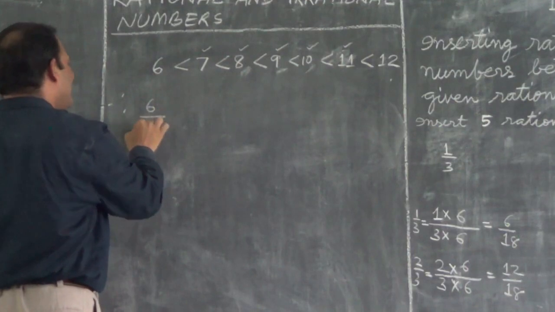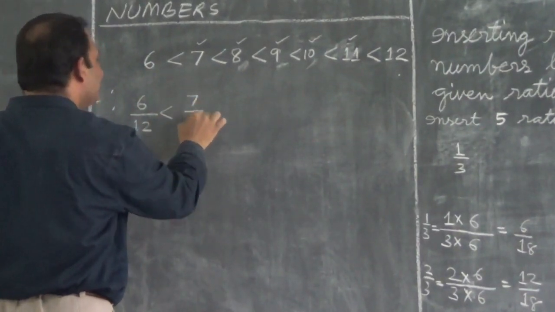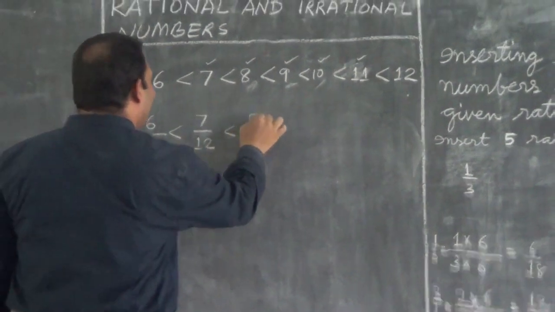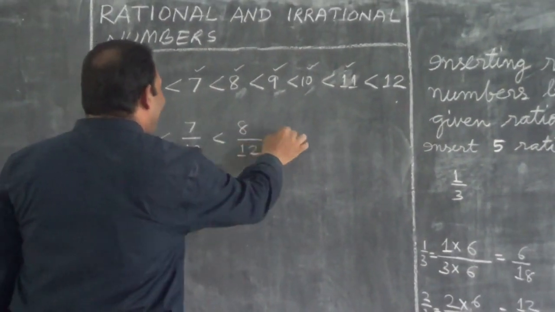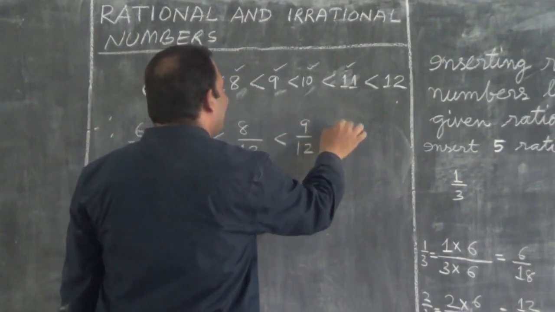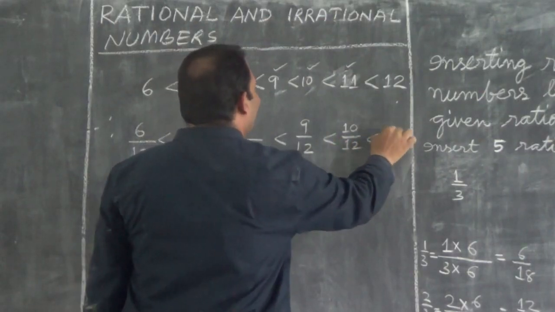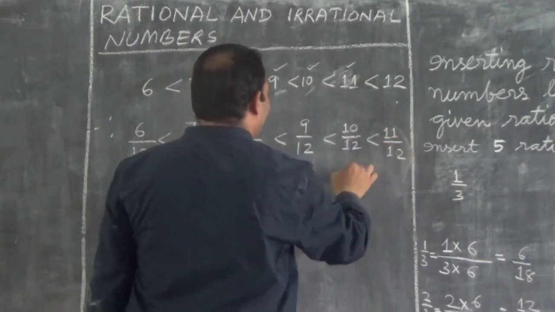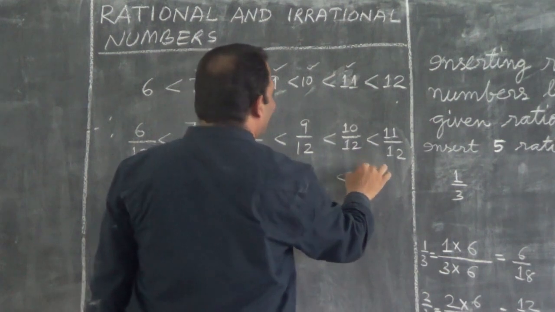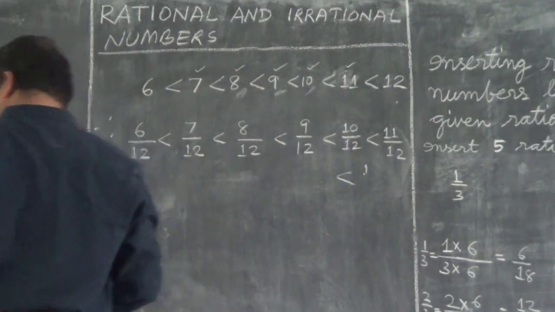So 6 by 12 less than 7 by 12 less than 8 by 12 less than 9 by 12 less than 10 by 12 less than 11 by 12 and less than 12 by 18 I should write, children.